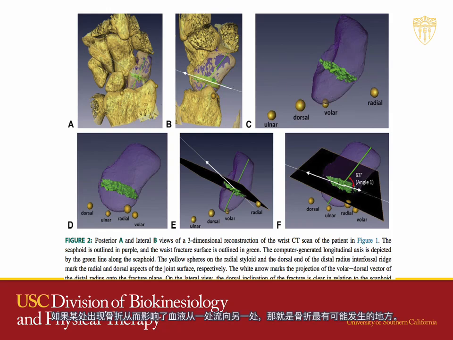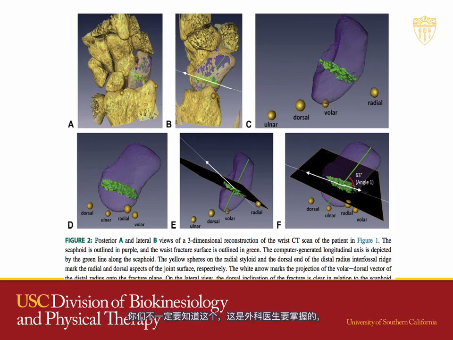If there's a fracture somewhere that affects the blood flow from one to the other, that's where the fracture is most likely to cause problems. So this picture gives you an idea of where you don't want a fracture.